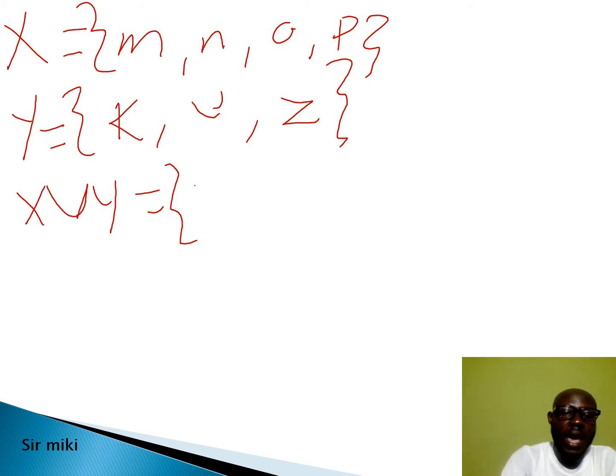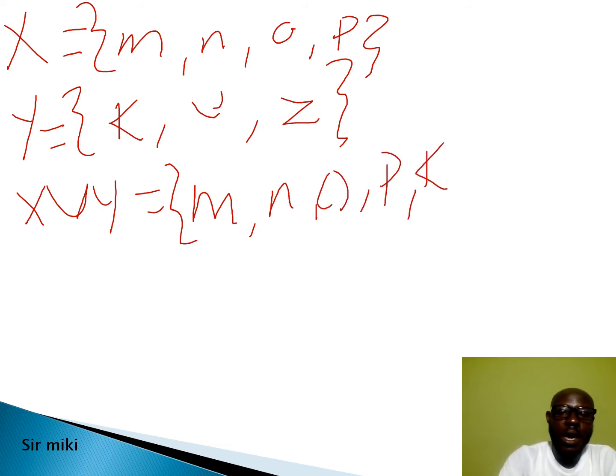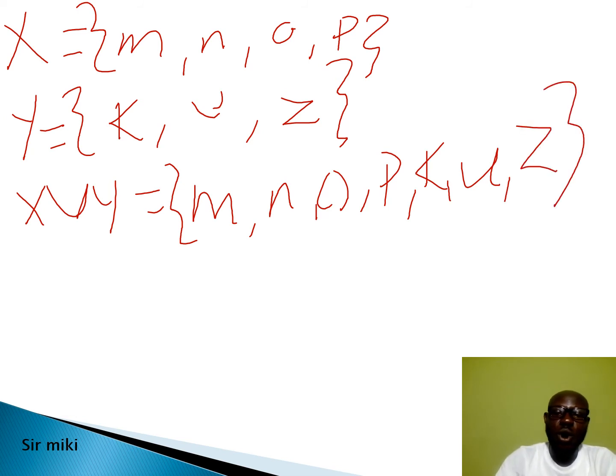So I'll start with M, N, O, P, K, U, Z. The union of two sets is found by putting the two sets together. So that becomes A union B.